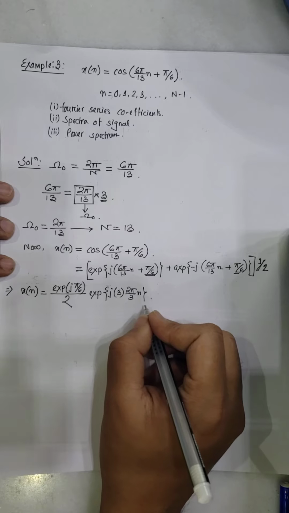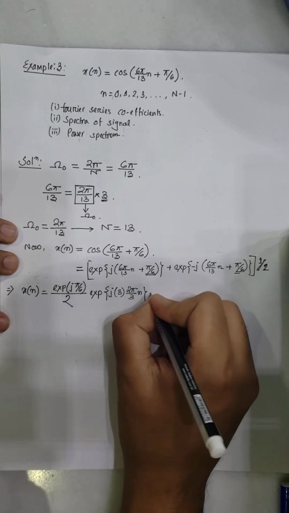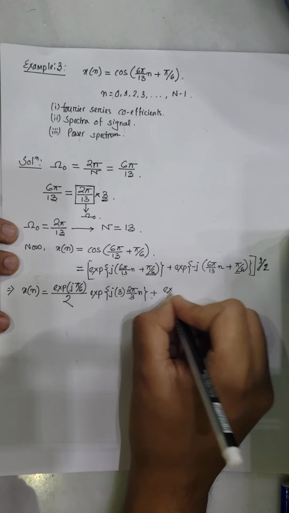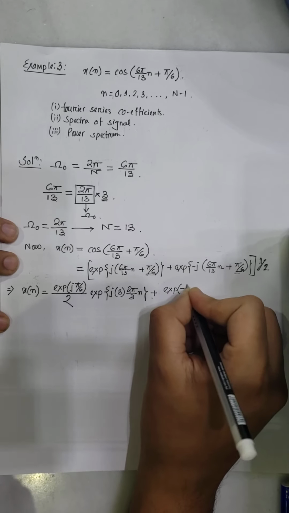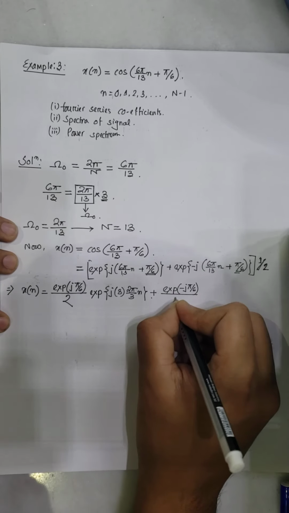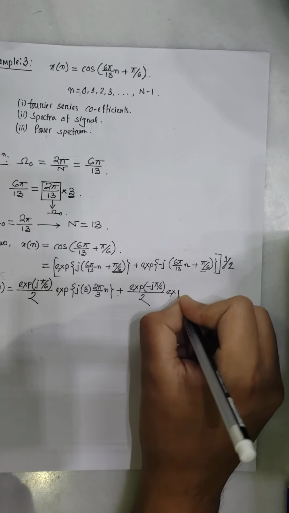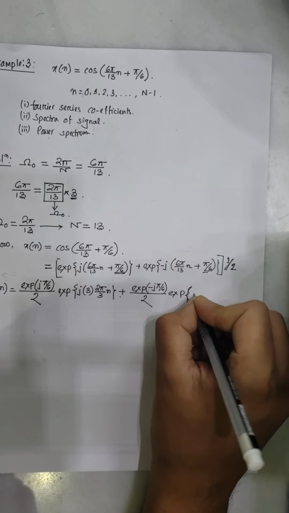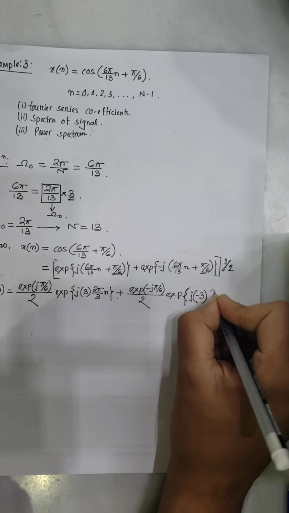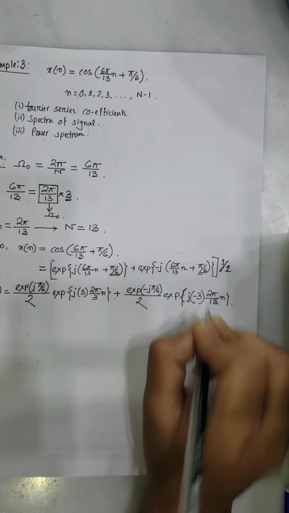This is done, of course, to compare it with the synthesis equation. The next term consequently becomes e to the power minus j pi over 6 divided by 2 times e to the power j of minus 3 times twice pi over 13 n.